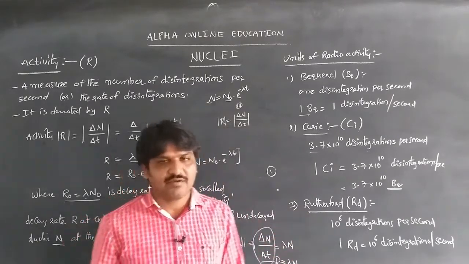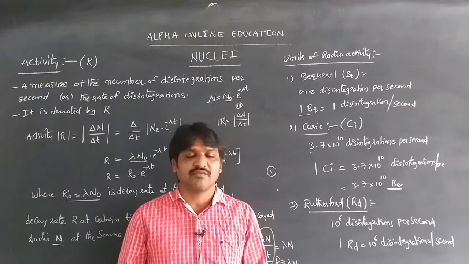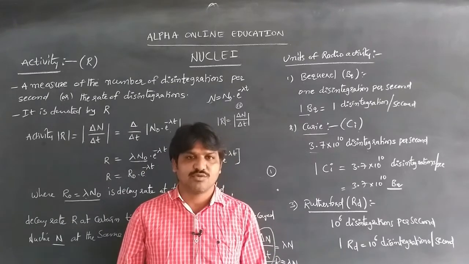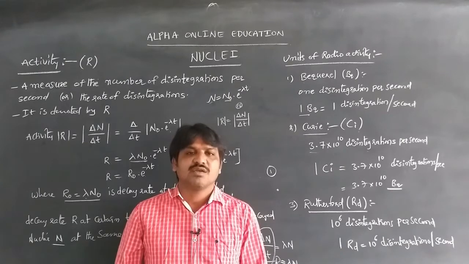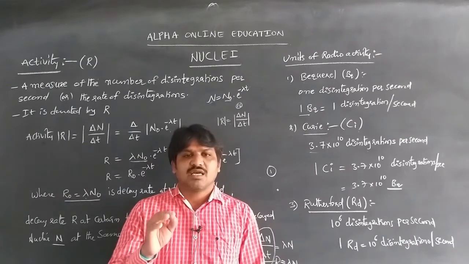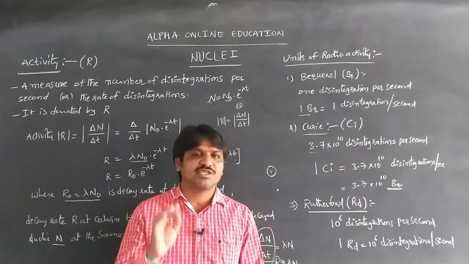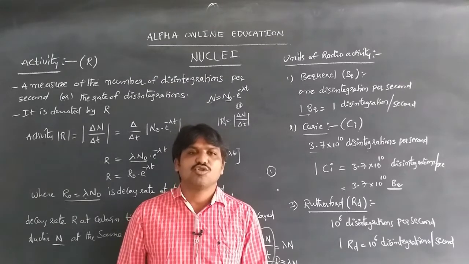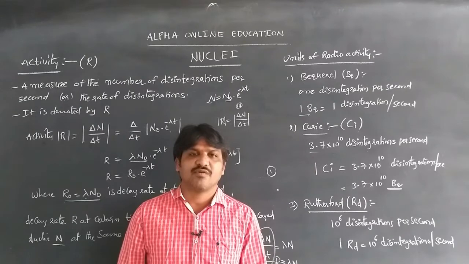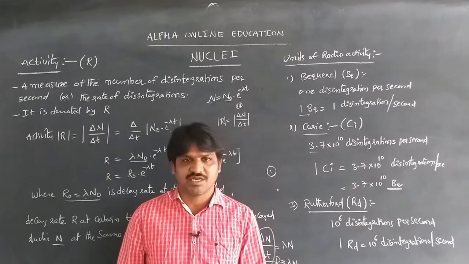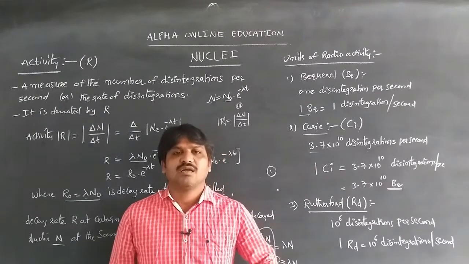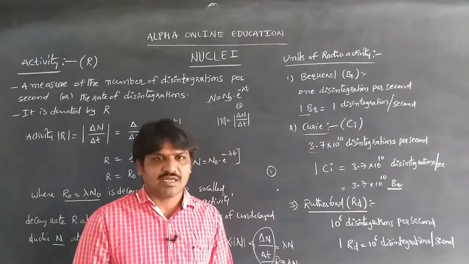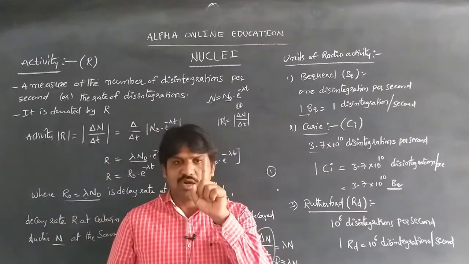Rutherford means when the radioactive disintegration of a radioactive substance is 10^6 disintegrations per second, meaning in 1 second 10^6 nuclei have to disintegrate, then that can be considered 1 Rutherford.